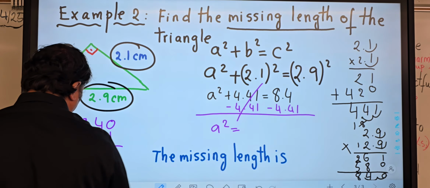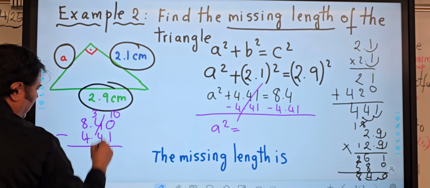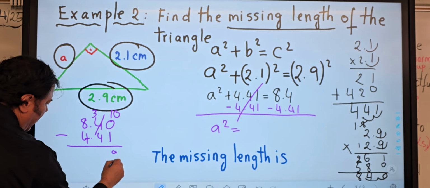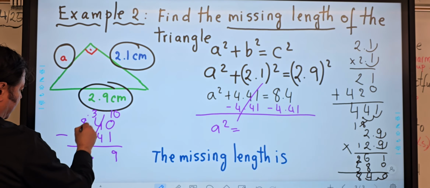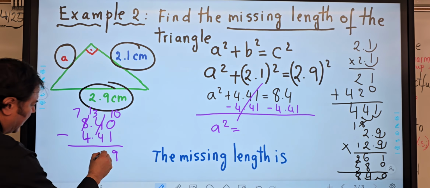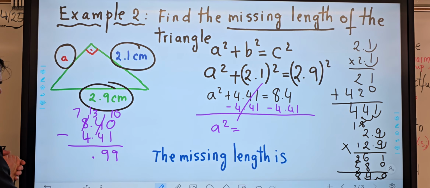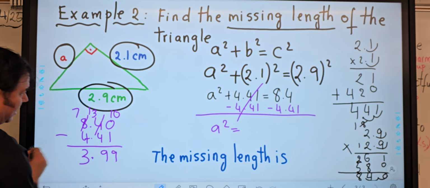Don't forget the 0 place right here. We borrow from the 4, make 4 a 3, make 0 a 10. 10 minus 1 becomes 9. And then make this a 7, make this a 13. 13 minus 4, 9. And 7 minus 4 is 3.